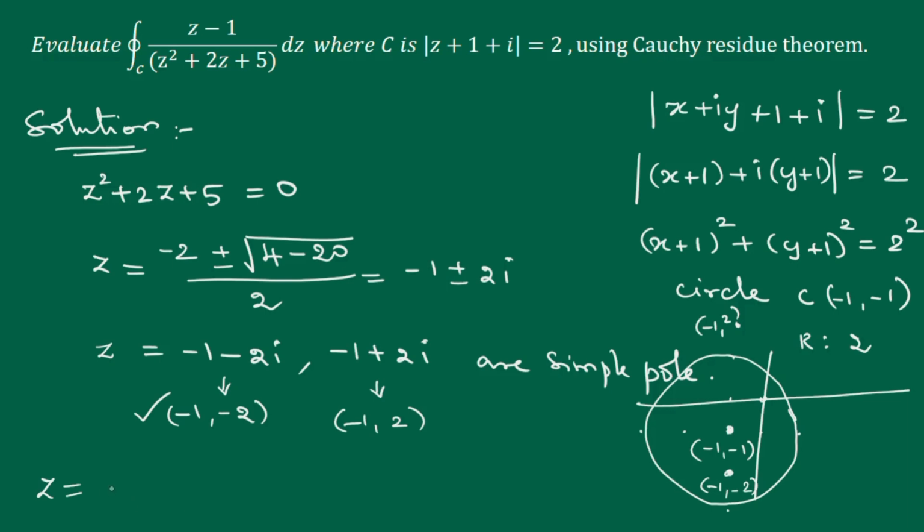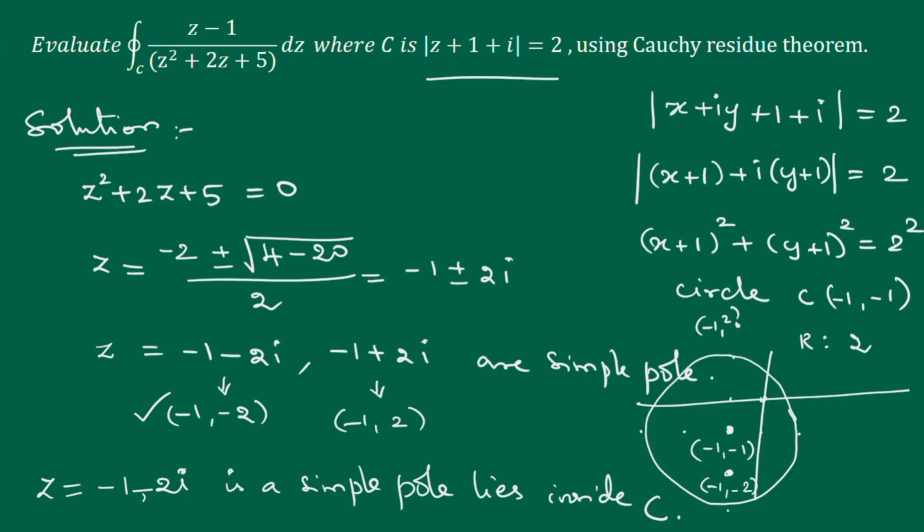We have to calculate the residue only for the poles which lie inside the given circle. So z equal to minus 1 minus 2i is a simple pole that lies inside C. C is the circle which is given here. Now it's enough to find the residue only at this particular pole, no need to find it for the other pole.